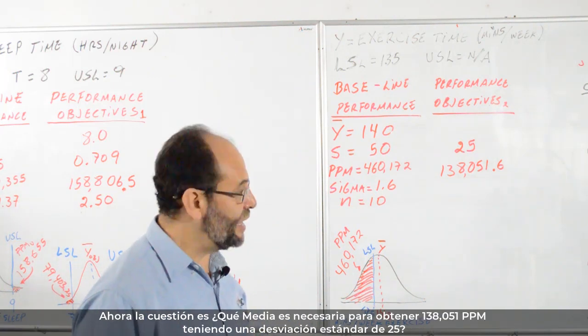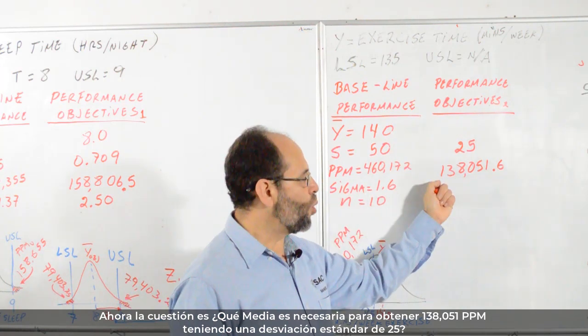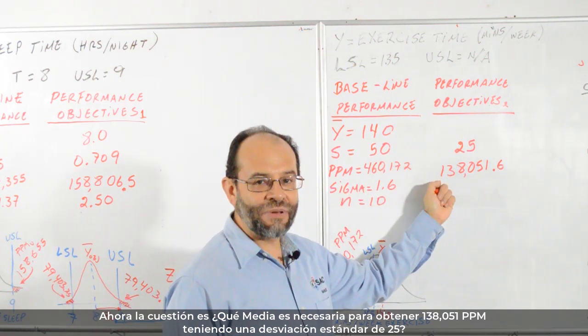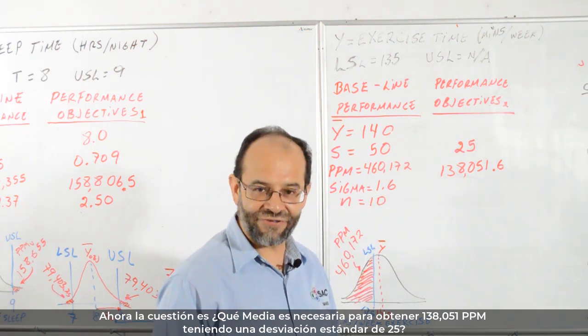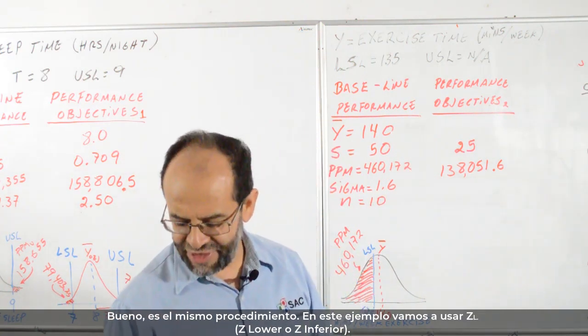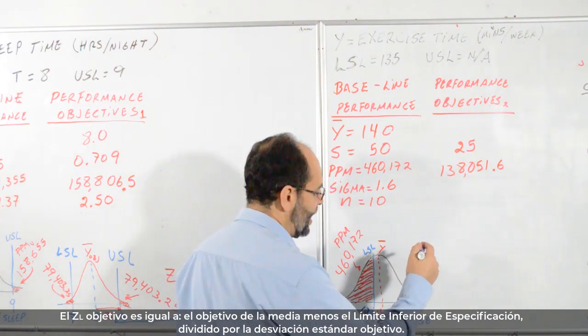Now the question is, what mean is necessary to get 138,000 ppms having a standard deviation of 25? Well, that's the same thing. In this example, we are going to use Z lower.